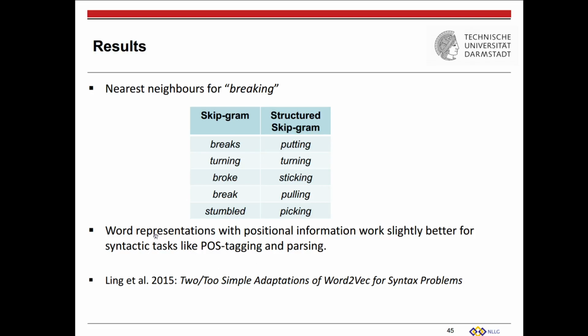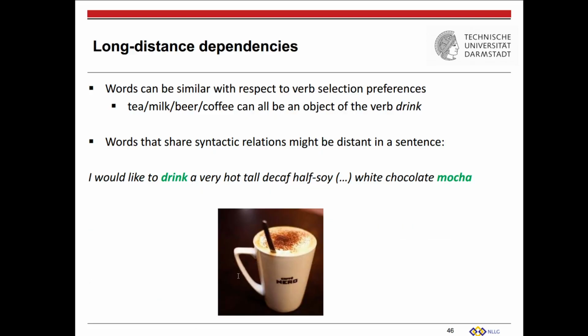And people find that such embeddings work slightly better for tasks that are more syntactic in nature, such as part of speech tagging or parsing. So you feed such embeddings to a syntactic task, and you get better results in general. This is the paper from 2015.